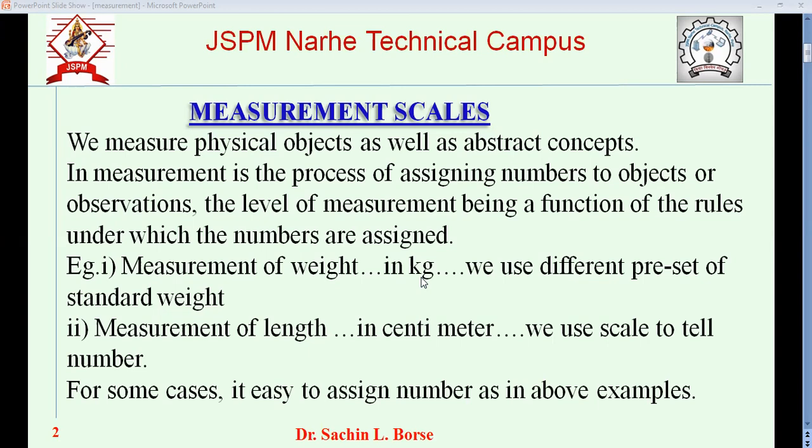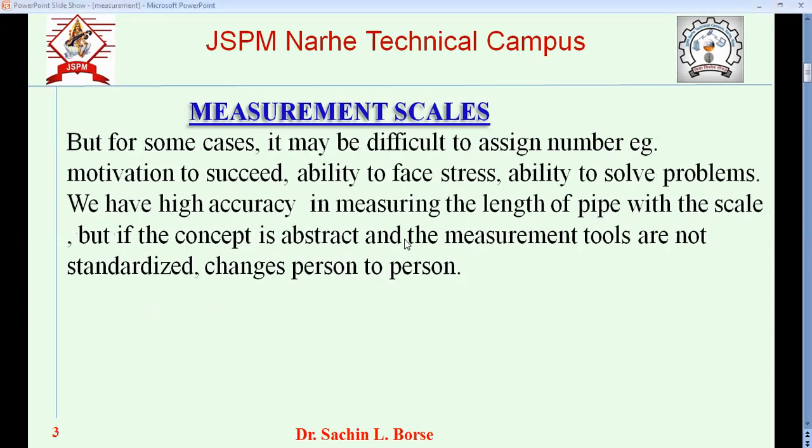In some cases, like here, we can easily assign the number to the object, like length. But there are cases where it is difficult to assign the number. Take the case of psychology, humanity.